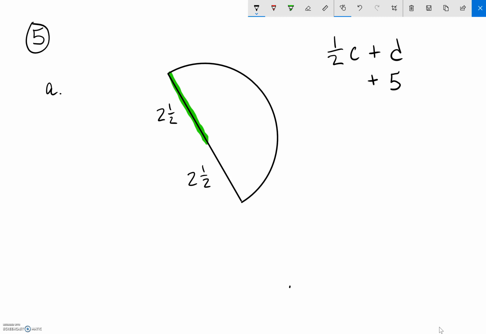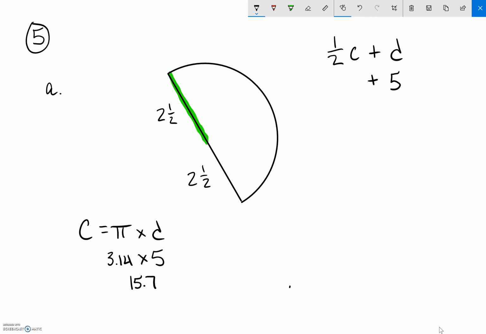Now let's find the circumference. To find circumference, it's a different formula. Circumference equals pi times diameter. So 3.14 times that diameter of 5 is going to give us 15.7. We only want half of it, half the circumference, so divide that by 2.